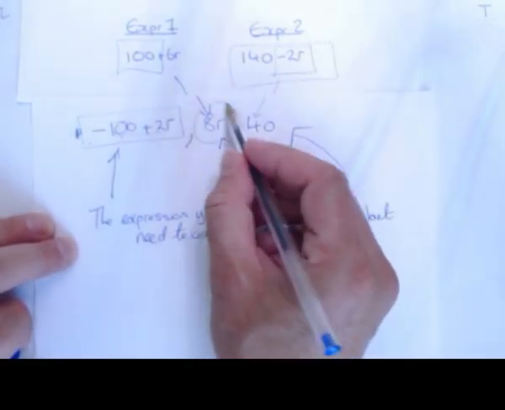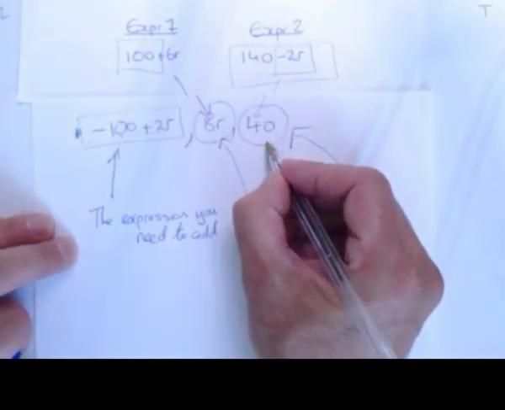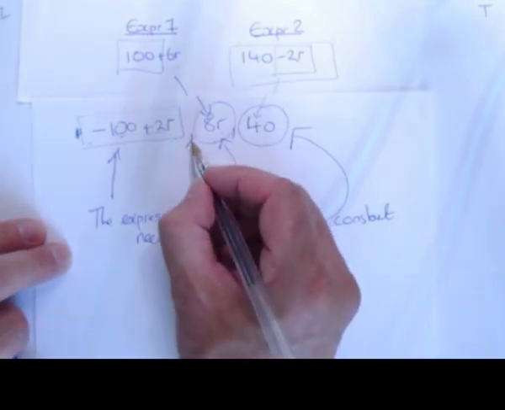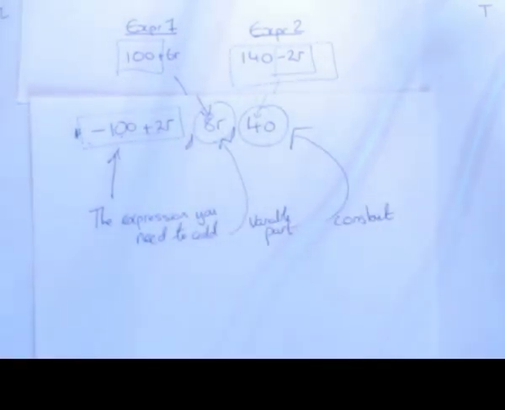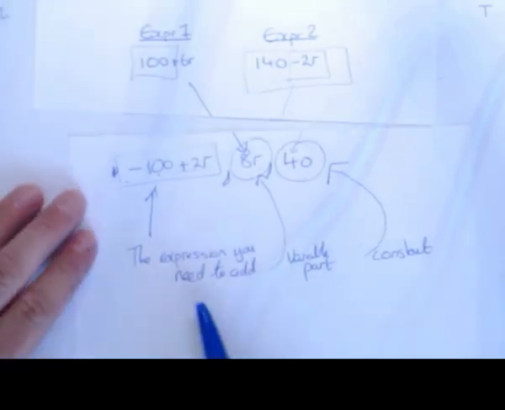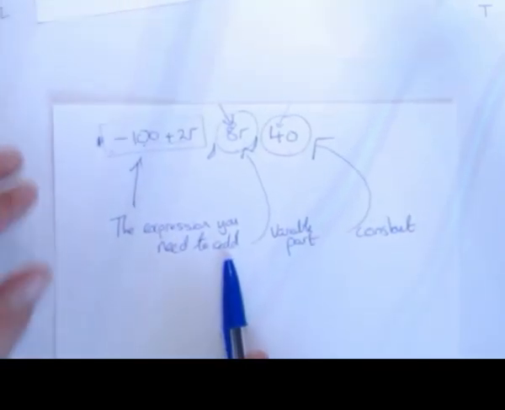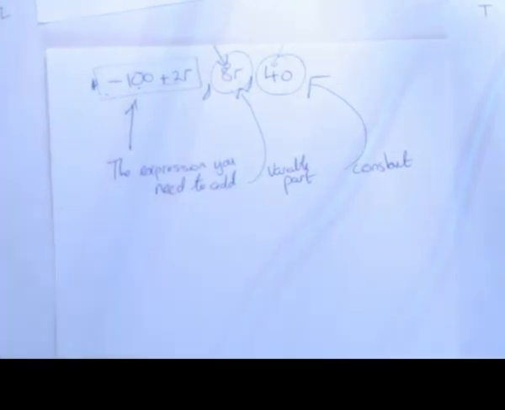So you know this is the bit that's going to just have the variable, like the letter in it, and you know this is the bit that's only going to be a number, and you separate your answer with commas. Okay, it's quite a strange thing to do, but again, like I said, once you know how to add an expression, it becomes your job to think out what expression you need to add in a particular situation, and that's what I'm getting you to practice here.